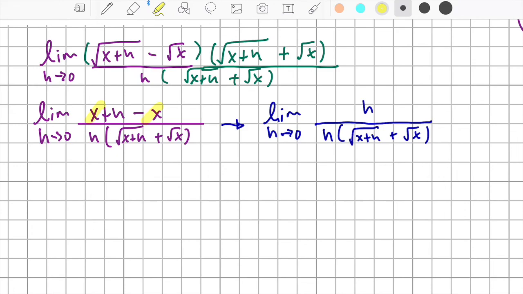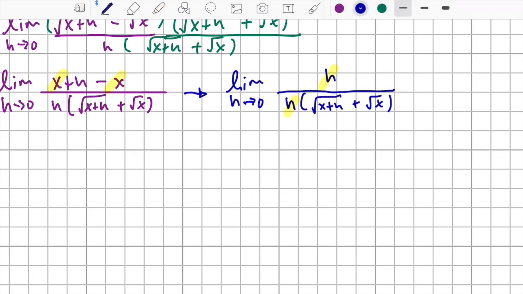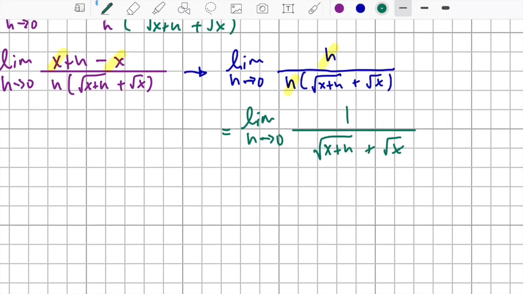Before we do anything else, I notice that I can cancel out the h's, make things easy. So now I'm left with limit as h approaches 0. In the numerator, don't forget, we're left with a 1. In the denominator, we're left with radical x plus h plus radical x.